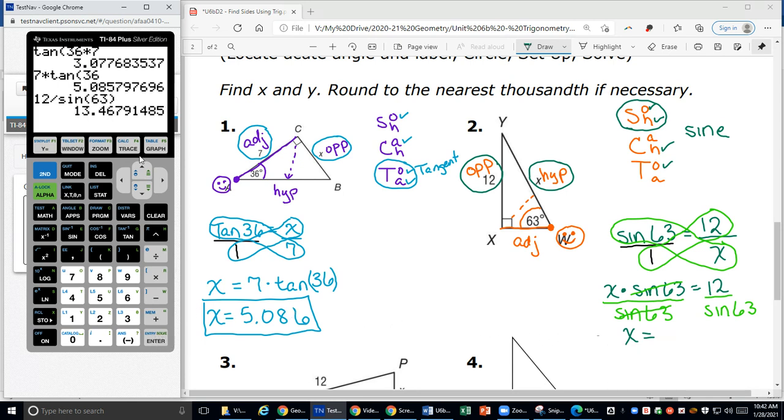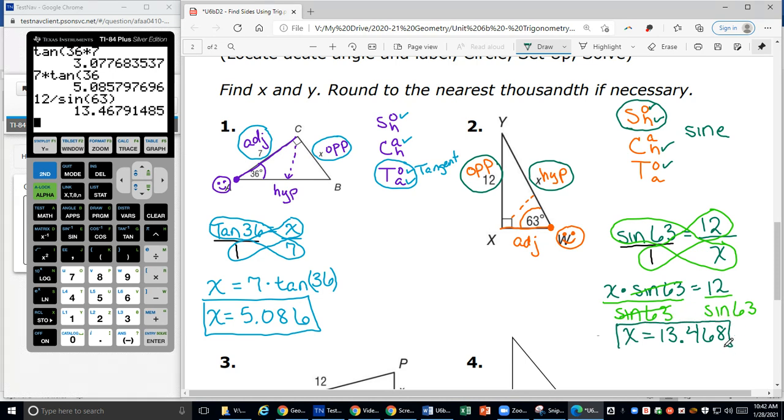When I hit enter, I get 13.467, and then I look after the 7, I see a 9, so that means I want to bump that 7 to an 8. So 13.468 is my answer for this problem. And again, remember when we put this in the calculator, we divided by the sine of 63 and we closed that parentheses.